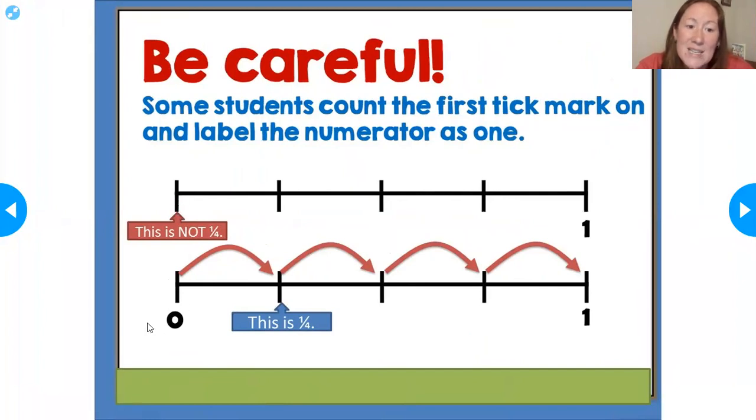This is actually 0. 1/4 isn't until we count that first space. So I would go from 0 to here. This is 1/4. Plus 1/4 would be 2/4. Plus 1 more fourth would be 3/4. Plus 1 more fourth would be our 4/4, or 1 whole.